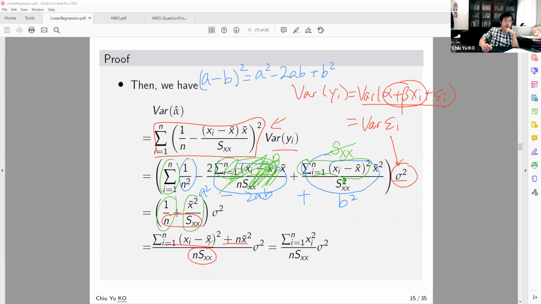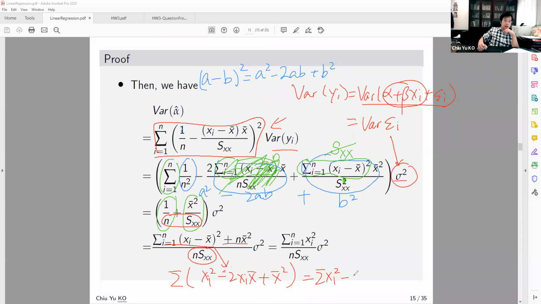Okay, and here you are just using the completing square method again. Okay, a square minus b square will be this minus xi minus x bar square, summation. Okay, and your summation there will be, okay, let me do it.